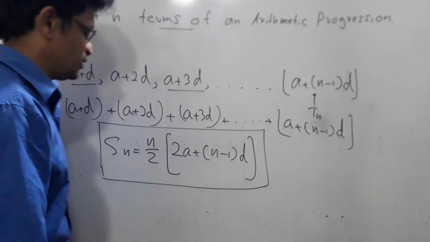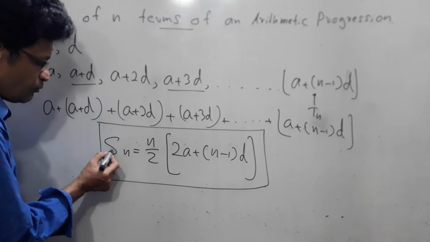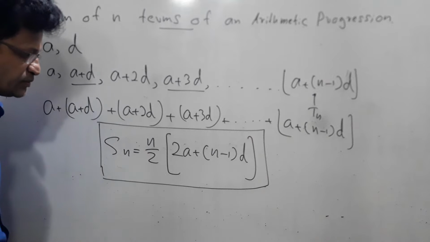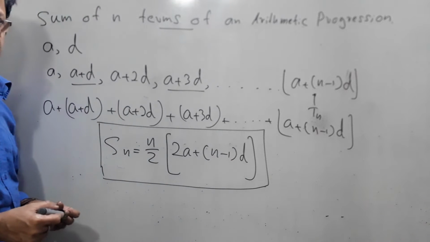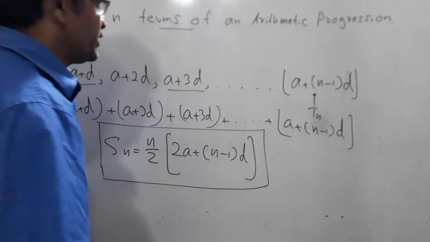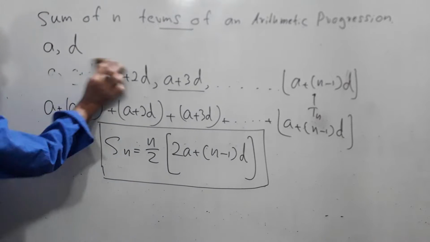Here Sn means the sum of the first n terms, n means the number of terms, a means the first term, and d means the common difference. Now I write this formula here.